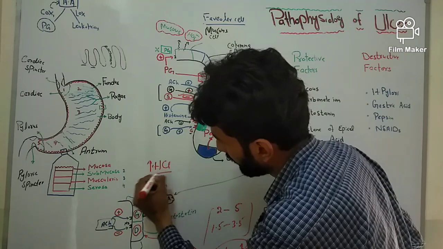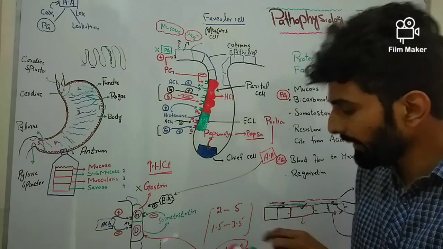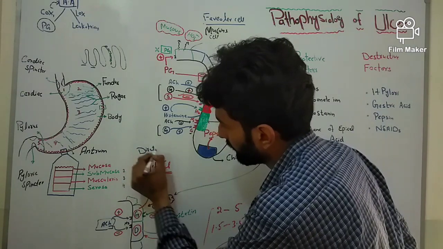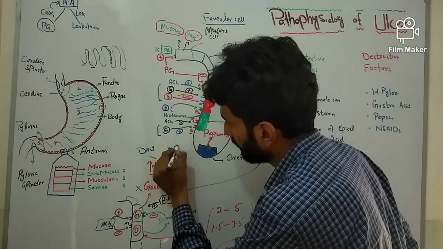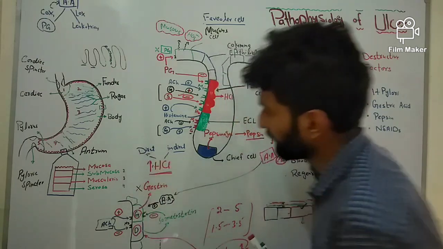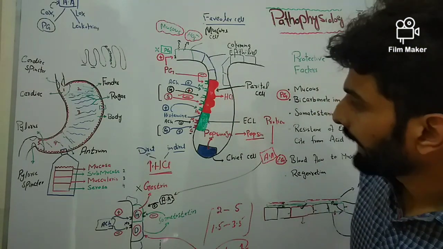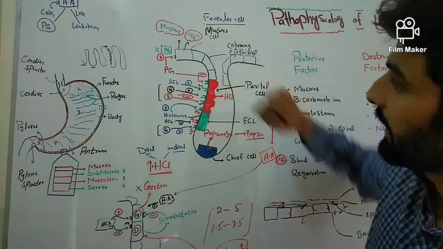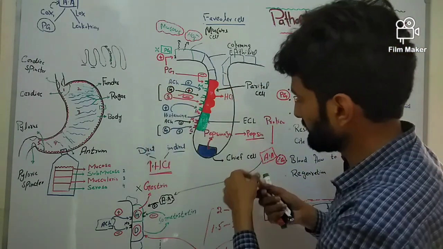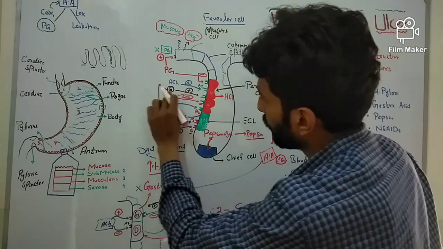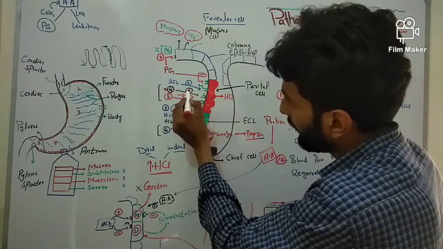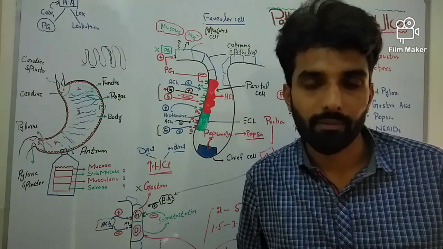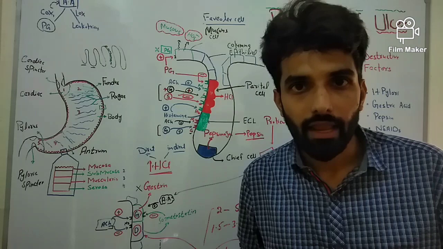Gastrin will increase acid secretion by a direct or indirect pathway. By the direct method, this gastrin has its receptor present on the parietal cell. Here you can see that this gastrin will act on its receptor and increase secretion of acid. So this is the direct pathway in which gastrin is increasing the acid secretion.